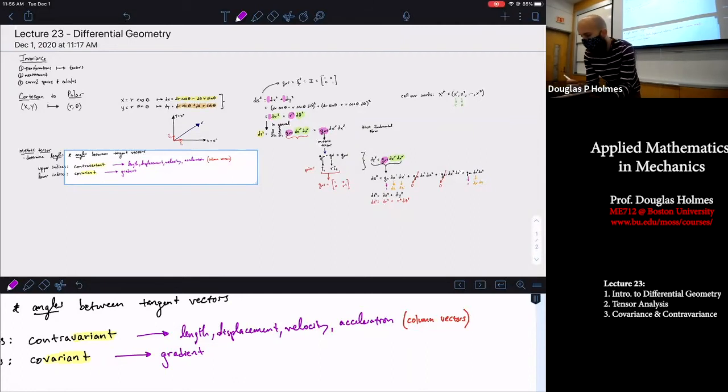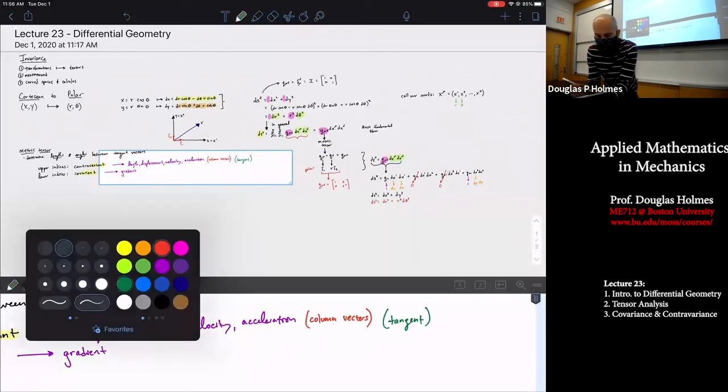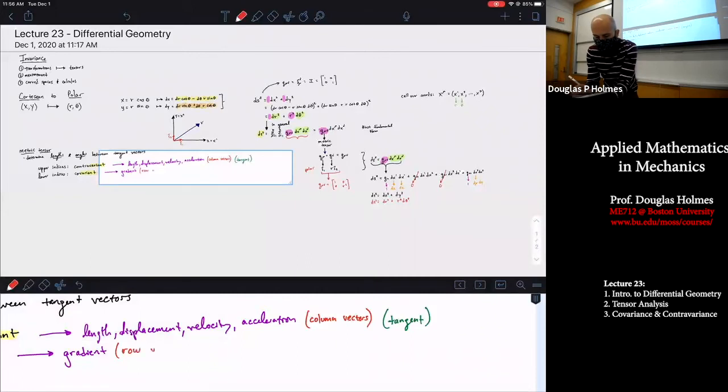Another, trying to give you as many terms as I can think of here: these contravariant vectors are also thought of as tangent vectors, while your covariant ones are often thought of as row vectors. And these have this kind of awful name of covectors. Not awful, but probably unfamiliar, I should say.